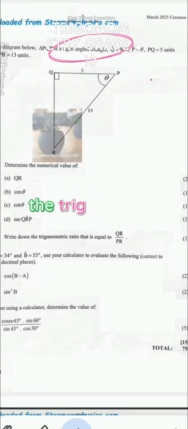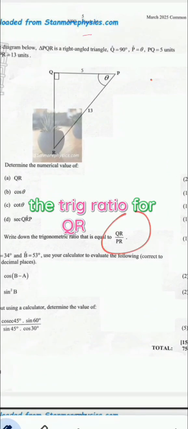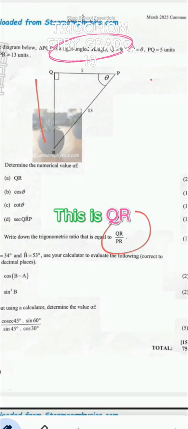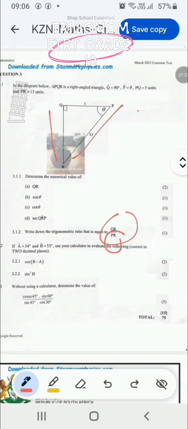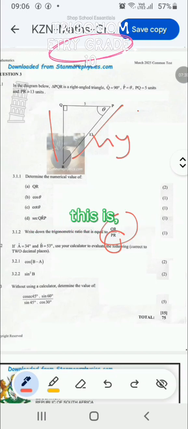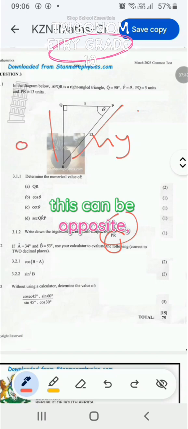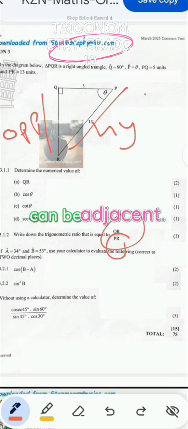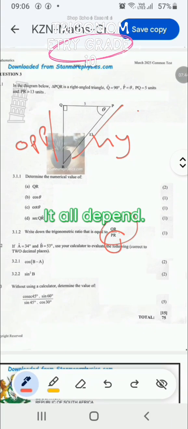Write down the trig ratio for QR over PR. Where's QR? This is QR. And over PR. So this is the hypotenuse. And this can be opposite, can be adjacent. It all depends.